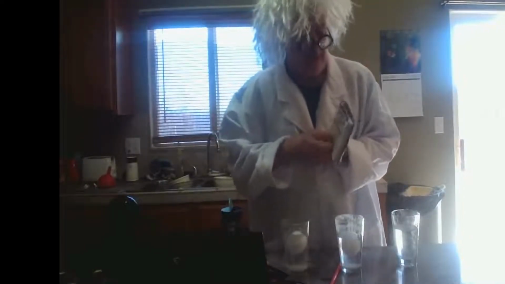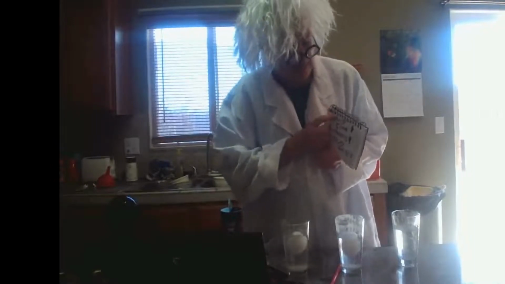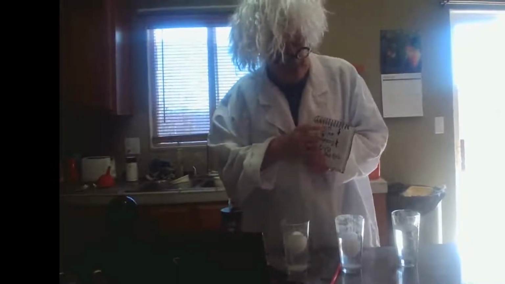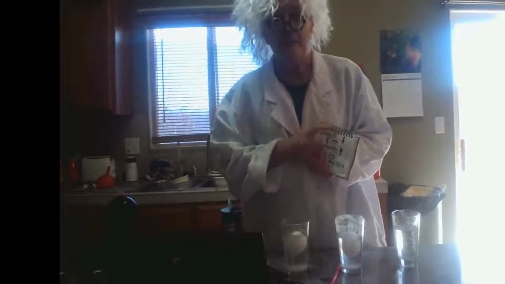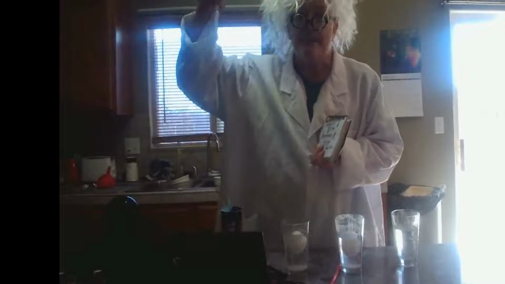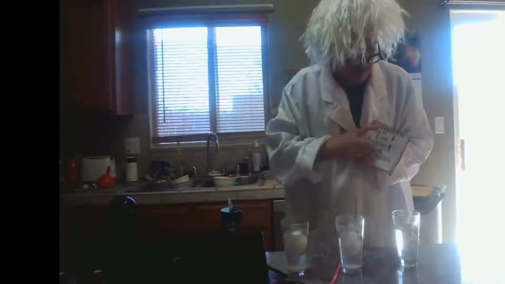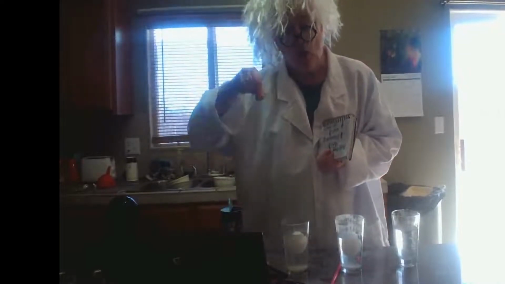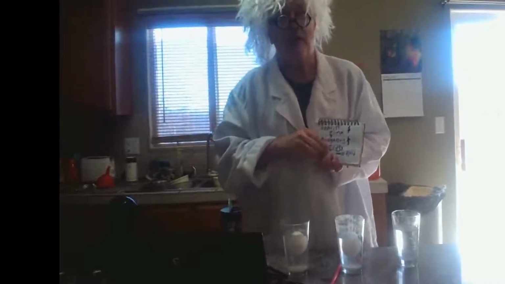Okay? Now gravity, you can see gravity has a plus. It's positive. That means that gravity pulls down. Gravity only pulls down. Gravity cannot make things go up. Gravity is a force that makes things go down. The equation there is a positive number, which means it goes down toward the center of the earth.